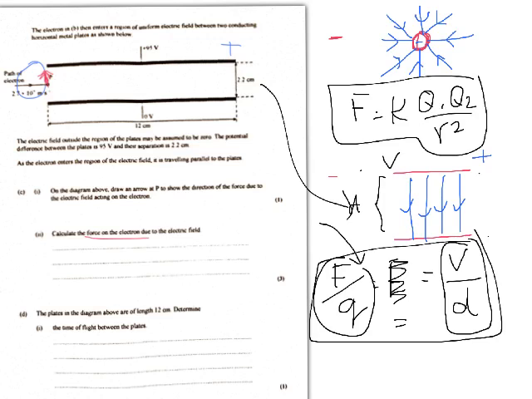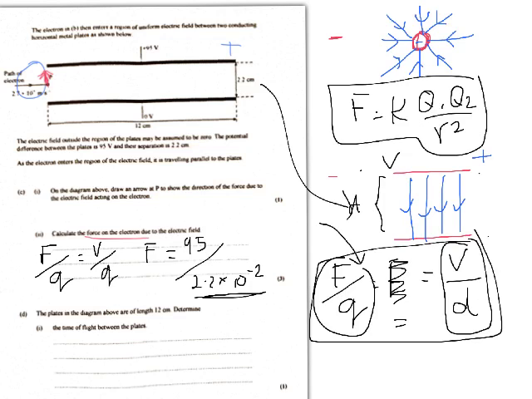So calculate the force on the electron due to the electric field. You have F over Q equals V over D. So the force would be equal to the voltage, 95, over the distance, 2.2 times 10 to the minus 2, because it's in centimetres, times 1.6 times 10 to the minus 19, which is the charge.